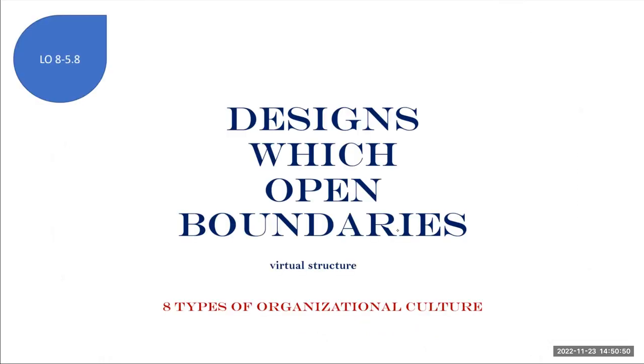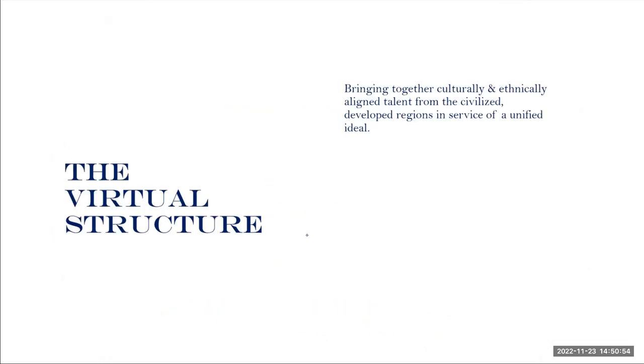The next structure is the virtual structure, and a virtual structure basically involves bringing together people from various parts of the world to work together as a unified company, a single company.